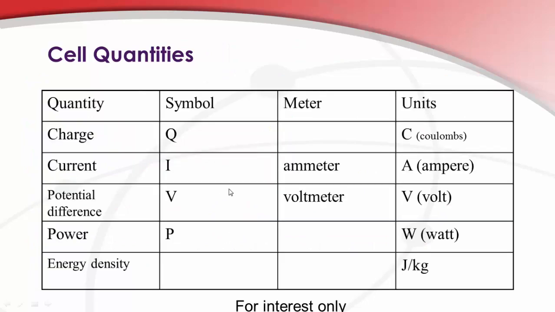So here are some of the quantities associated with it. We won't spend a lot of time on these things, but coulombs is just a large amount of charge. Amperes is charge per time. The volts are the amount of push, the amount of pressure being put on those electrons to move.